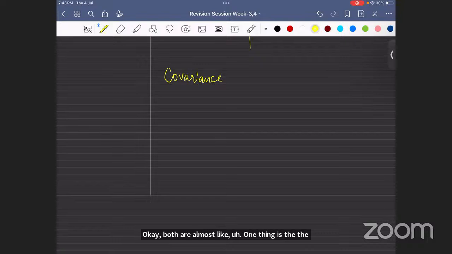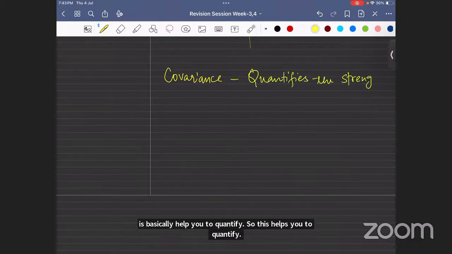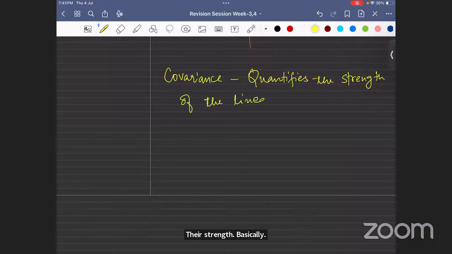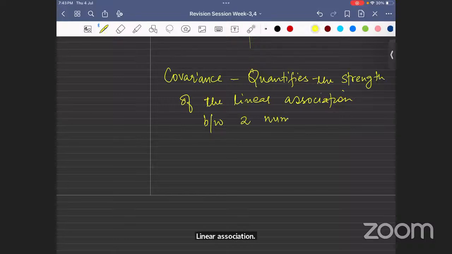Covariance helps you to quantify the strength of the linear association between two numerical variables that have been given to you.